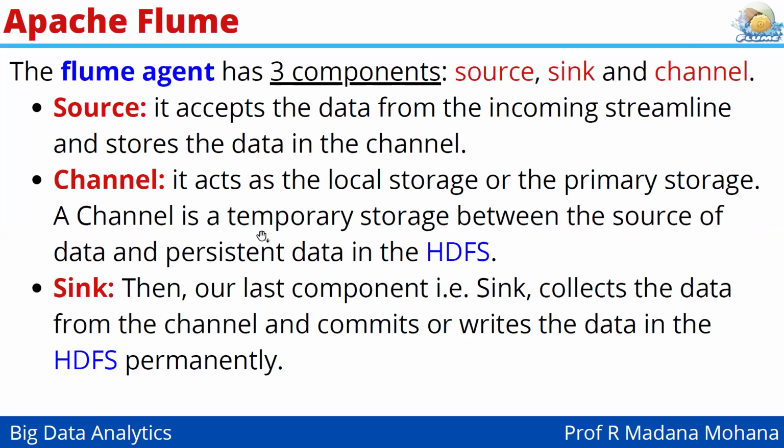Here, a channel is a temporary storage between the source of the data and the data in HDFS. Then sink is the last component, which collects the data from the channel and commits or writes the data in HDFS permanently.